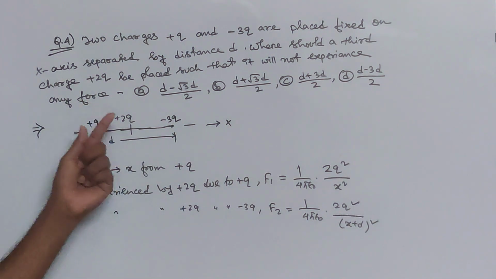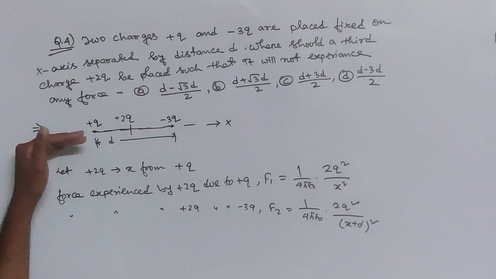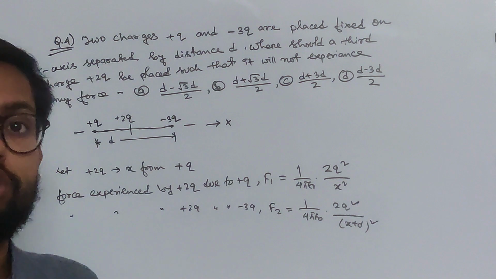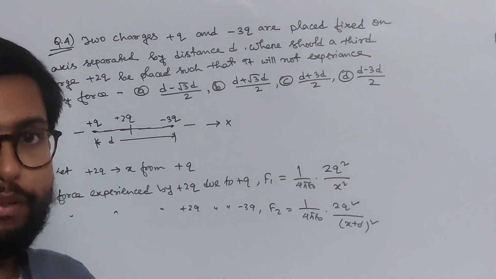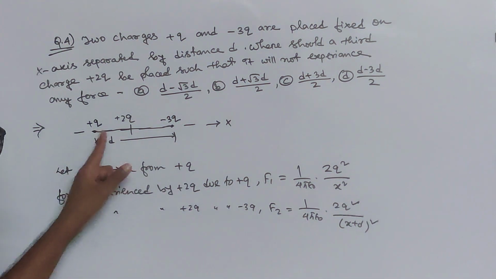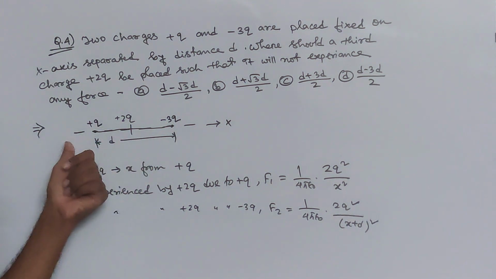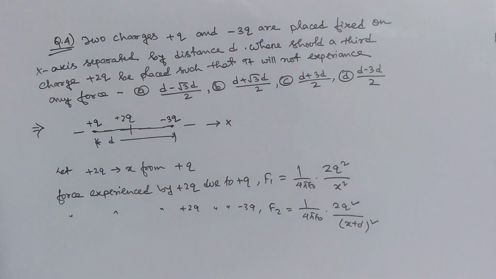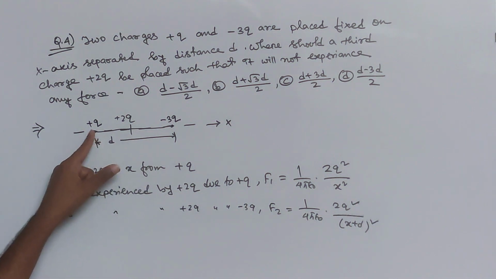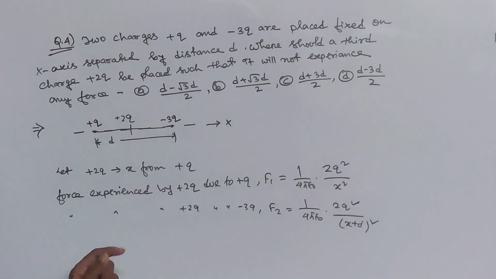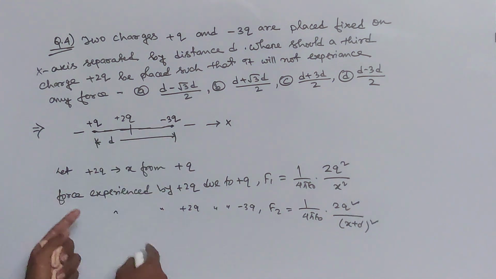Then due to minus 3q also, plus 2q will experience a force along the x direction. Then the net force on the plus 2q charge will never be zero if it is in between plus q and minus 3q. So it should be on either this side or that side. So I assumed the charge is at a distance x from plus q, so of course it is at a distance x plus d from minus 3q. It is not d minus x.